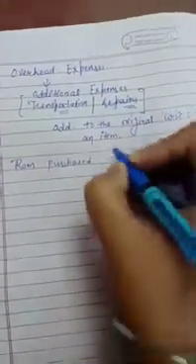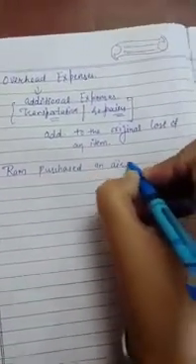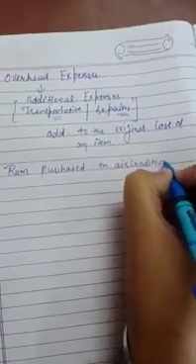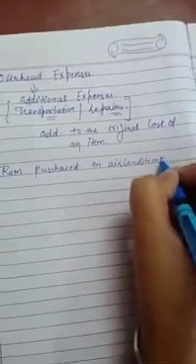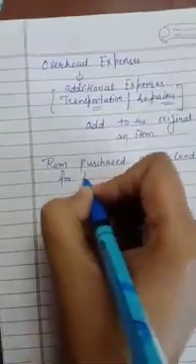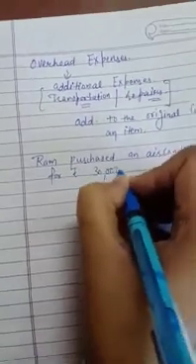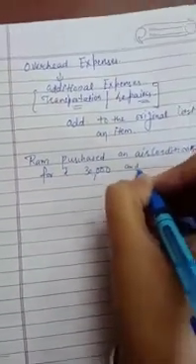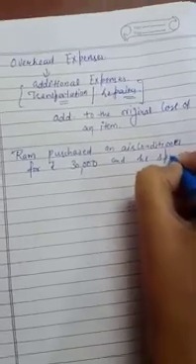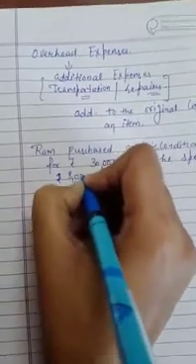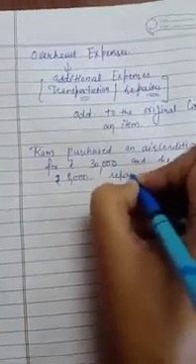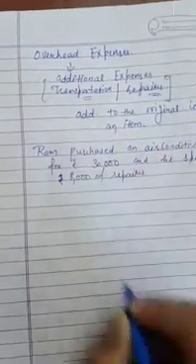See, if Ram purchased an air conditioner for, suppose, ₹30,000, and he spent ₹8,000 on repairs.